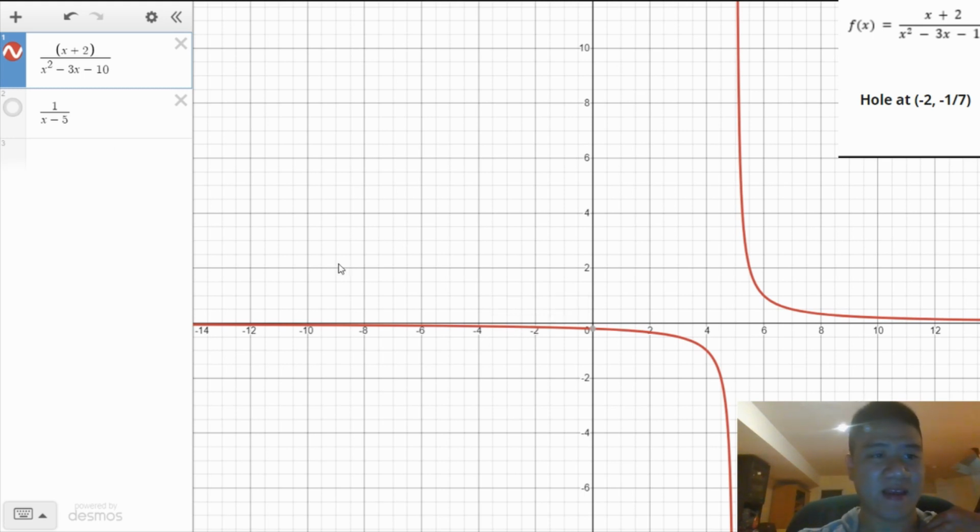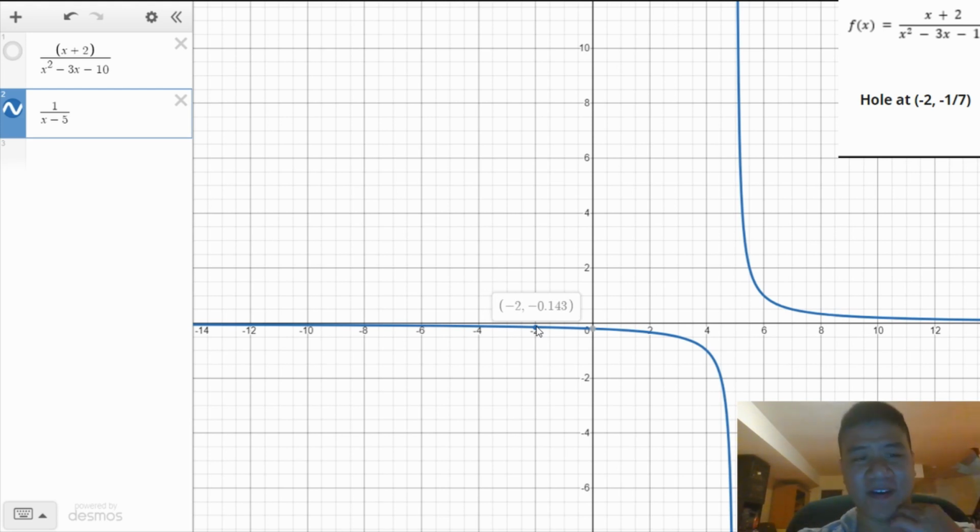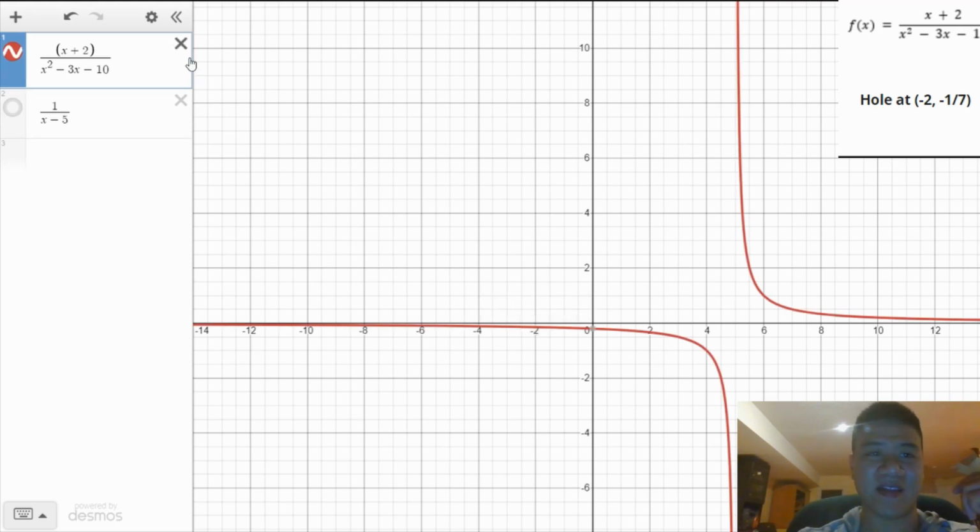And the y coordinate is negative 1 over 7, which corresponds to the 1 in our simplified version. So at negative 2, you can put this into your calculator. 1 divided by negative 7 is negative 0.143, and that's the location of the hole originally. There we go.